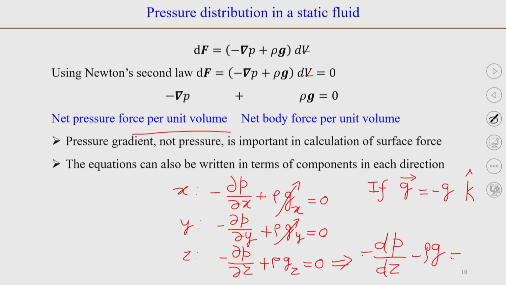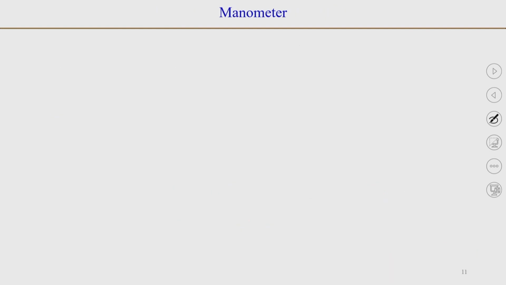So, we can have dP by dz is equal to minus rho g. If we write in terms of depth, if h is depth, then we can write P is equal to rho g h.